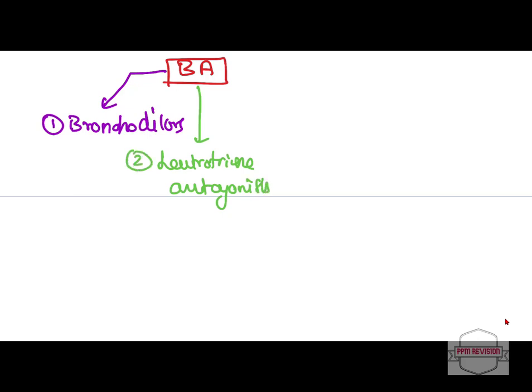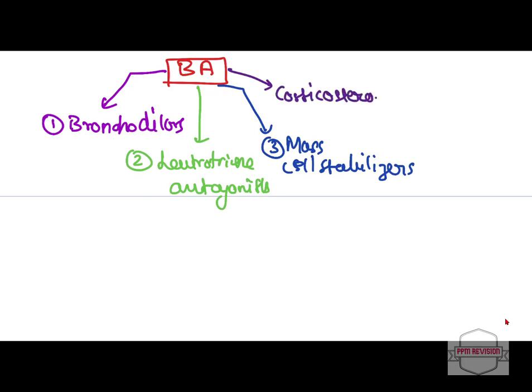Third, there is mast cell stabilizers. Fourth, there is corticosteroids. And the last class is anti-IgE antibody.